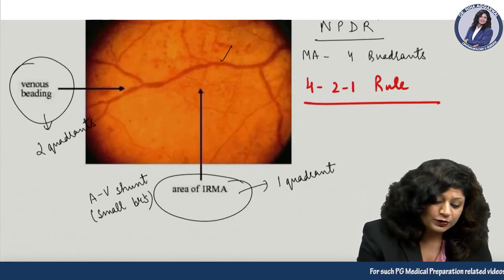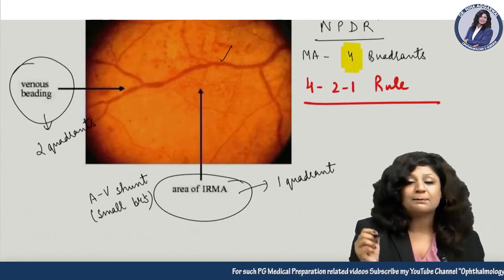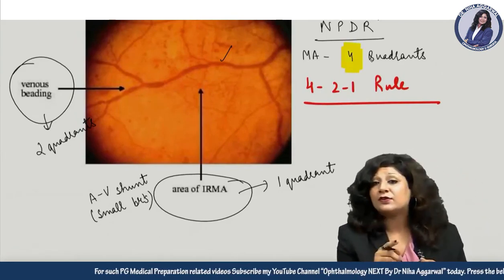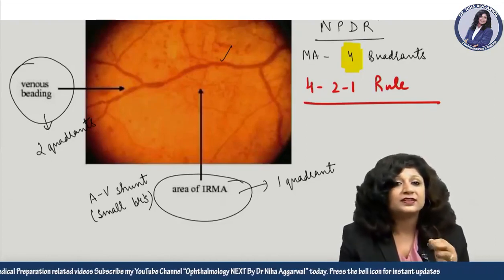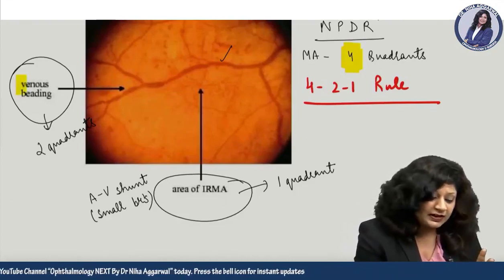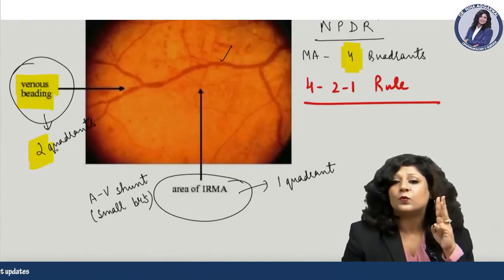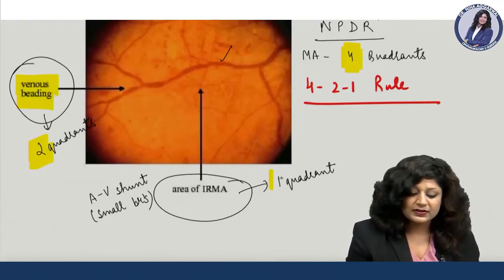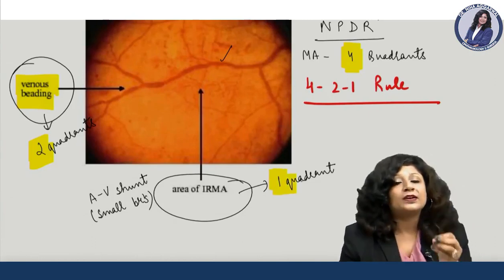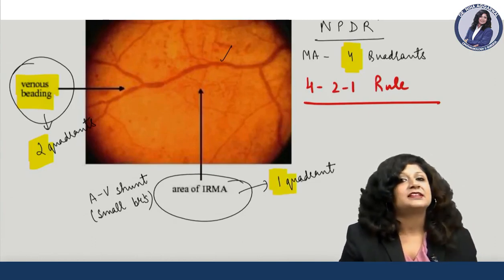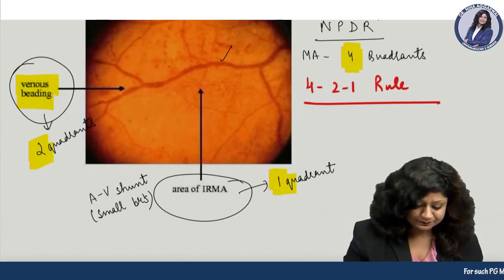Now what is this 4-2-1? 4 is for the microaneurysms. If the microaneurysms are present in all the four quadrants, then number 2 is the venous beading present in at least two quadrants, and then third is the one, that is IRMA. It should be present even only in one quadrant, which will lead to the criteria of severe NPDR.